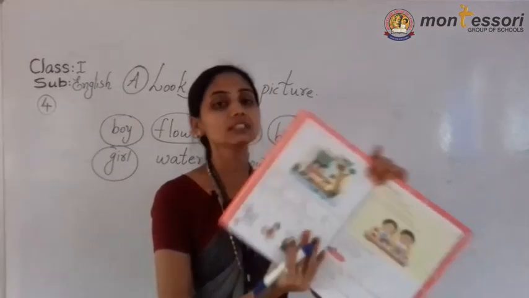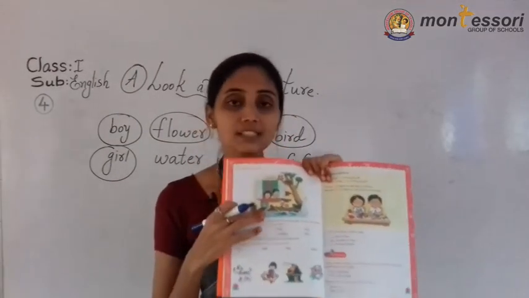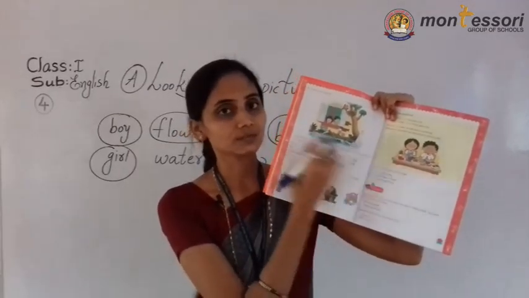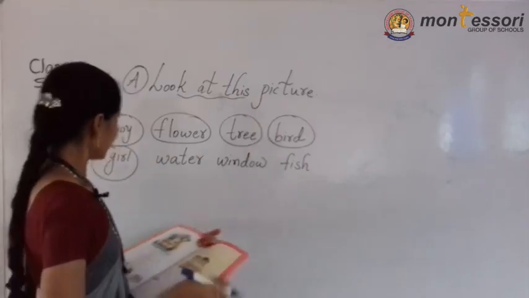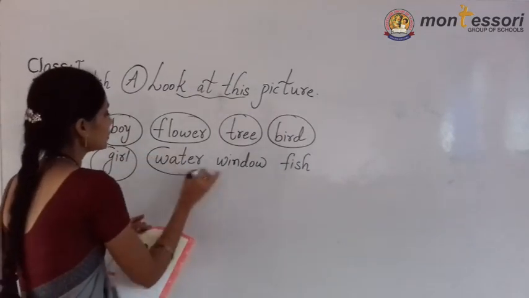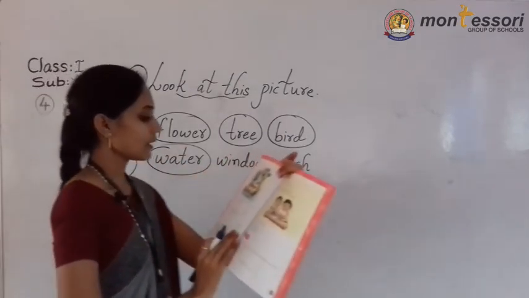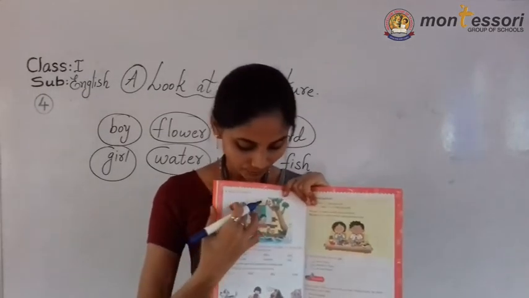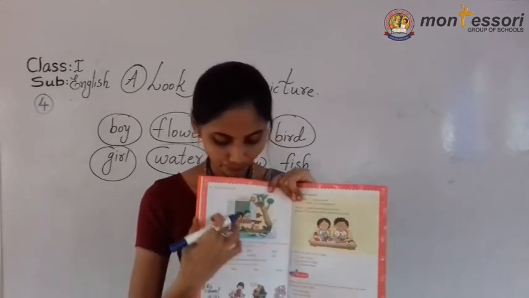Next one is water. Can you see the water in this picture? Yes. Here is the water. We have to circle the word water. Next one is window. See, here it is the window.